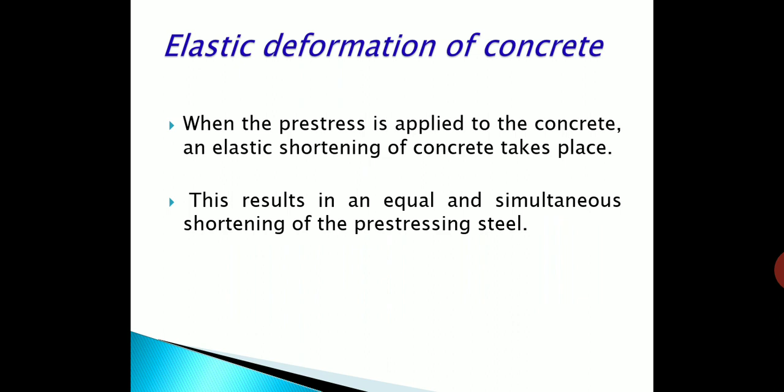So what happens here in concrete is, concrete undergoes elastic shortening when prestress is applied, and as a result of it, simultaneous shortening of prestressing steel also takes place, which results in losses.